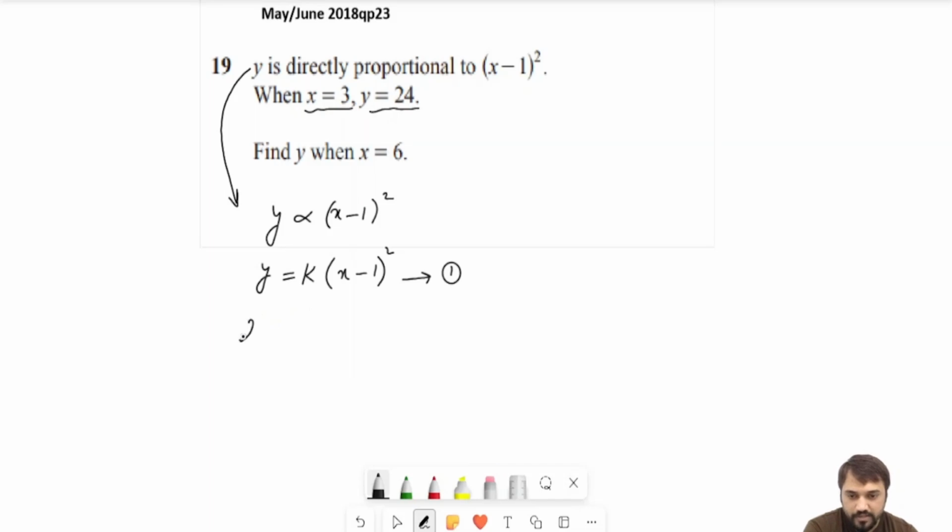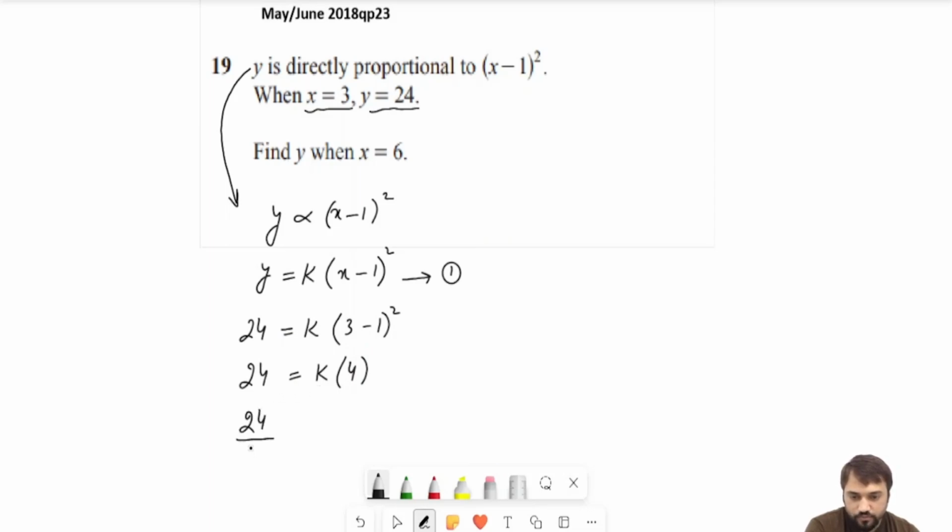The value of y is 24, k remains the same, x is 3, minus 1 whole square. 24 is equal to k, 3 minus 1 is 2, 2 square is equal to 4. So 4 is multiplying by k, when it moves, it will divide.